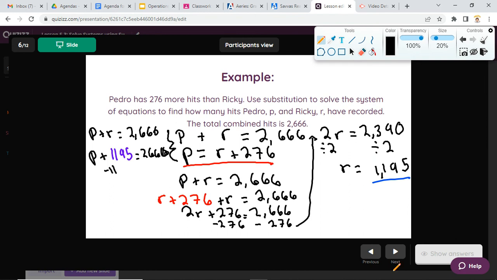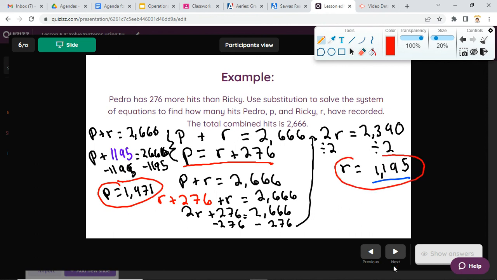Now by subtracting 1,195 from both sides, I'm going to get that P is equal to 2,666 minus 1,195. I get 1,471. So that means that Pedro had 1,471 hits and Ricky had 1,195 hits.